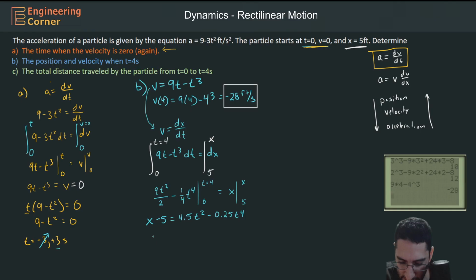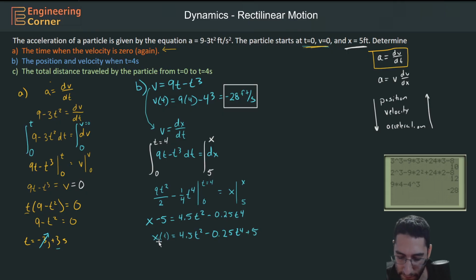And I can say x, or x of t if I want to, is equal to 4.5 t squared minus 0.25 t to the 4th plus 5.